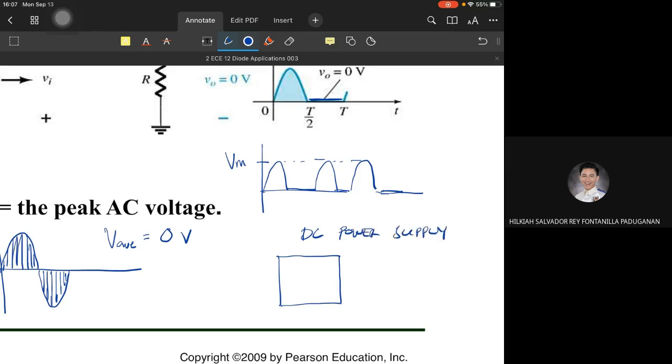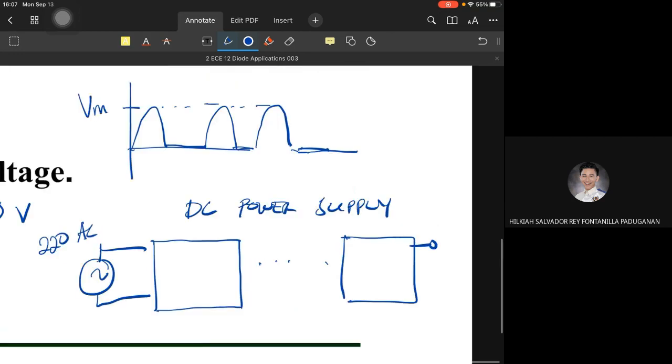So what is a DC power supply? It converts an AC signal, practically 220, into something usable in electronic devices, like 5 volts.